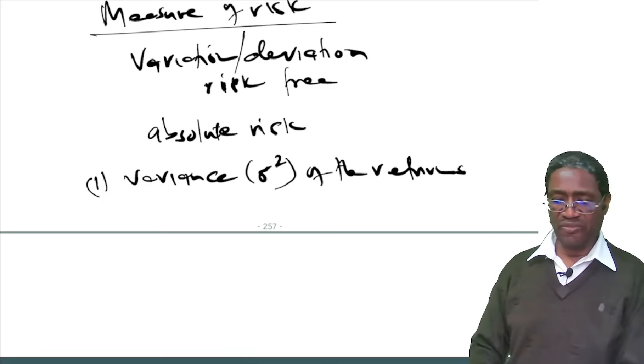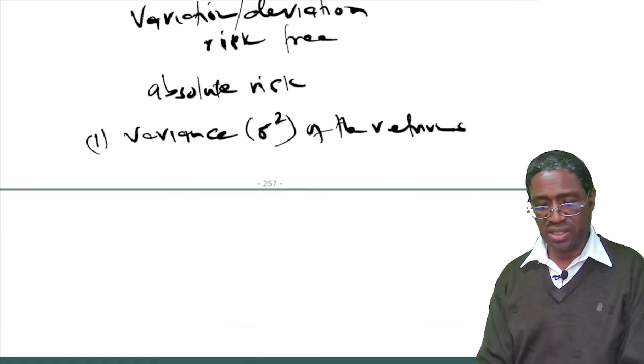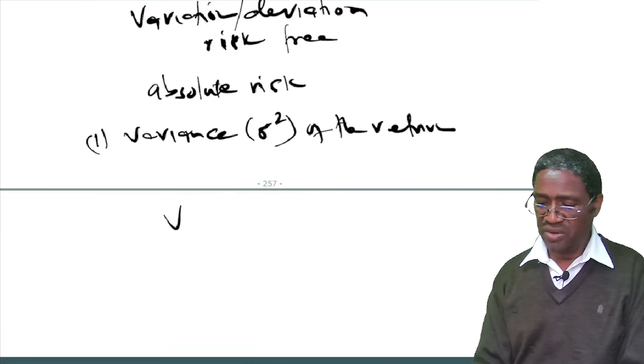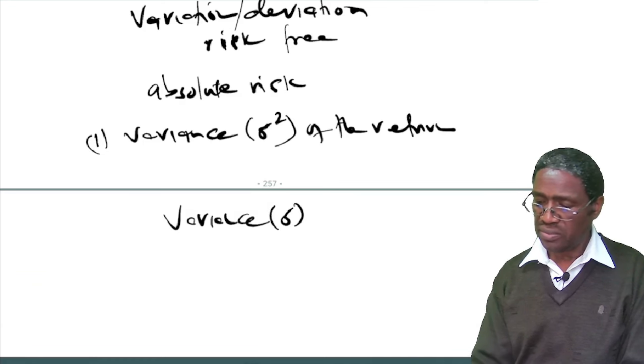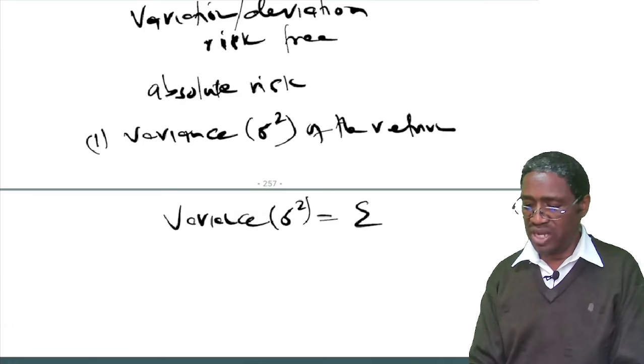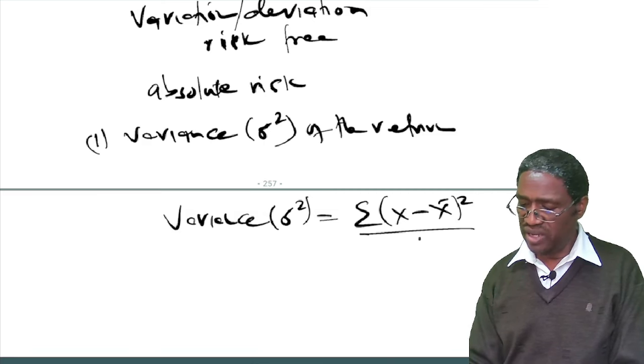Then put down the formula. We have already discussed the formula. The variance, theta squared, we have said is the summation of the deviations, x minus x bar, squared, divided by n.